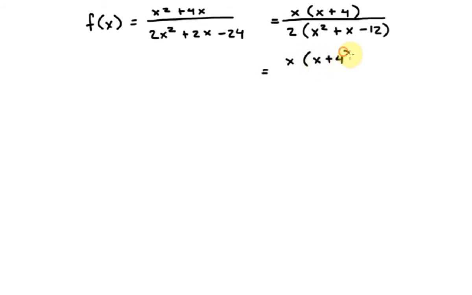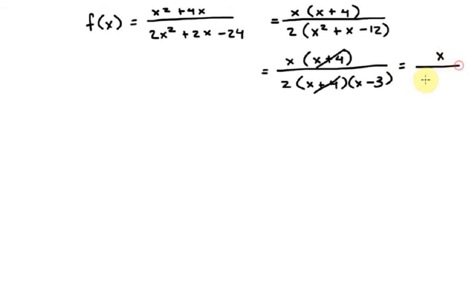So let's do more than just factor out that 2. We can break this up, the trinomial, into an x times an x, and then I need two numbers that make negative 12 that add up to 1. I'm thinking plus 4 and minus 3. So I can go, hey, these cancel. All right. So I'm left with this as my simplified function.